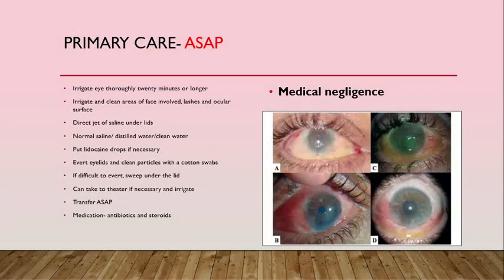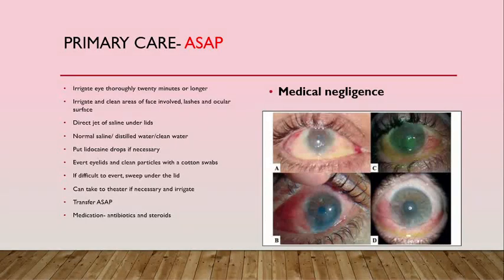So, sometimes you can't evert the lid, so you can give a direct jet of saline underneath while you're irrigating. And sometimes you have to put an anesthetic drop for the patient's comfort, and if possible evert the lid. What we do is we do a double eversion.